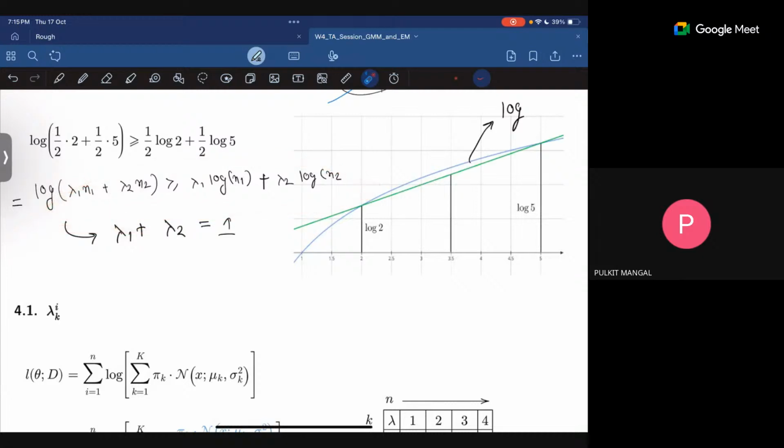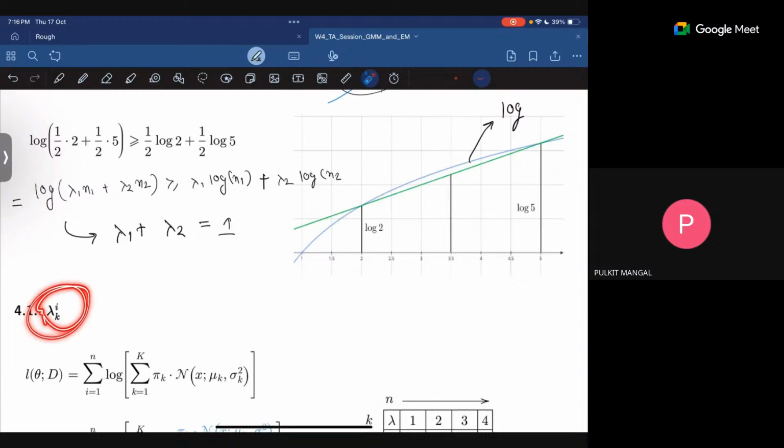So what we will be doing here, those who have watched the lecture, what trick did the professor use here to first compare it with the Jensen inequality form? He introduced one more variable, that is lambda ik.